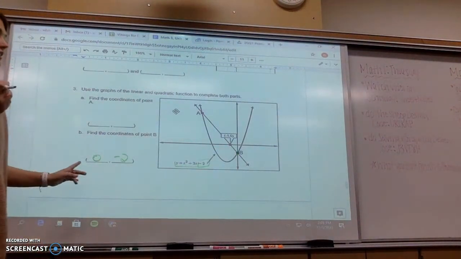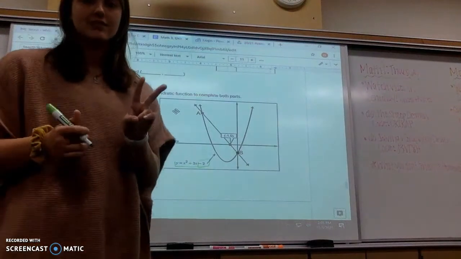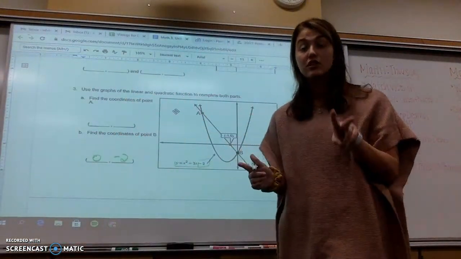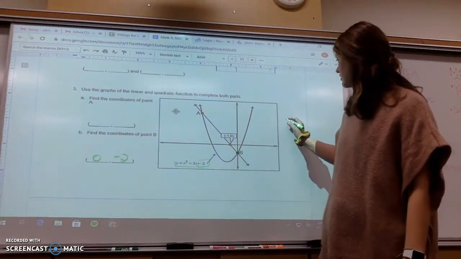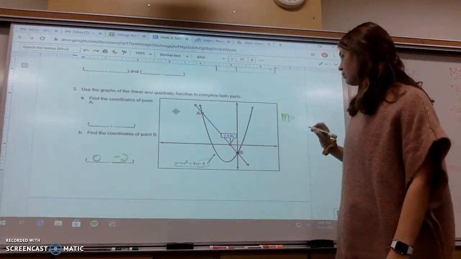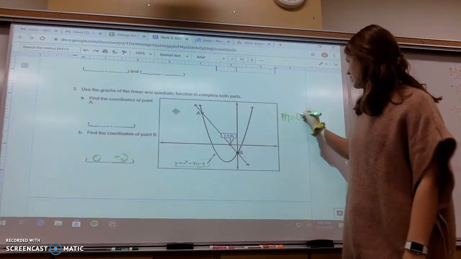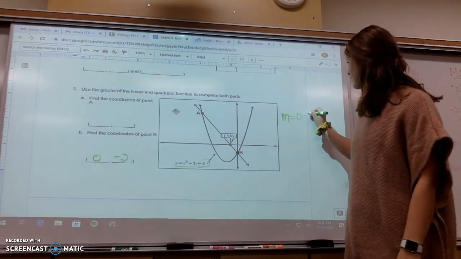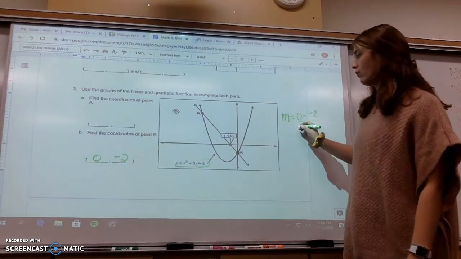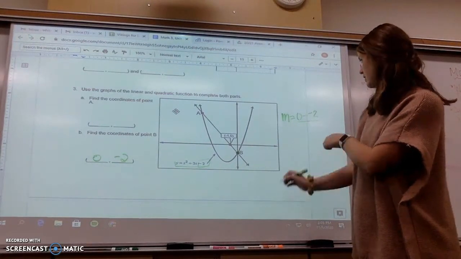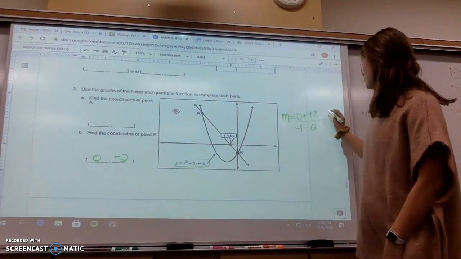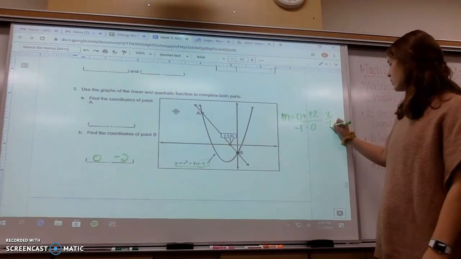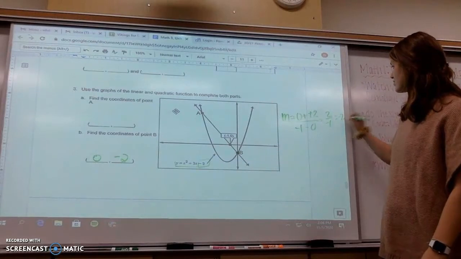Okay? Now I have 2 points. I can now find slope of this line. So I'm going to do the slope, m equals 0 minus a -2 over, what's my next one? -1 minus 0. So I get 2 over -1, which gives me the answer of -2 is my slope.